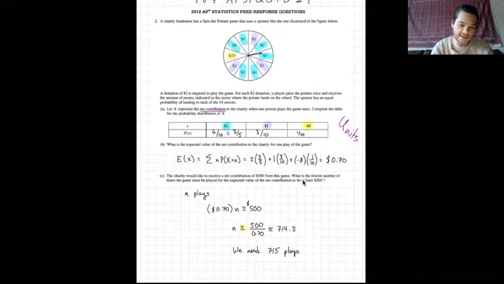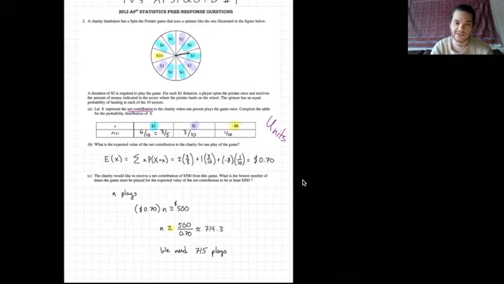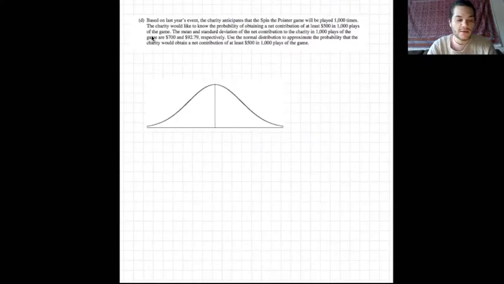So part D, we now look at this in terms of a normal distribution. So we want to know if we play 1,000 times, what's the probability that we make more than $500? And they claim that the net contribution for 1,000 plays has a mean of 700 and a standard deviation of 92.79, and they say that we can use a normal distribution.